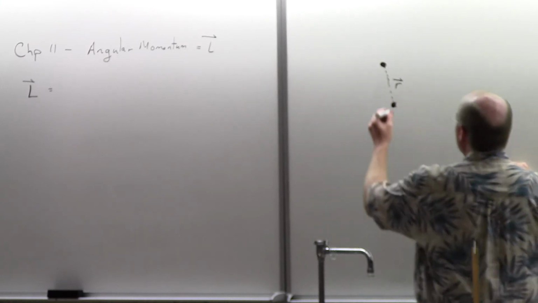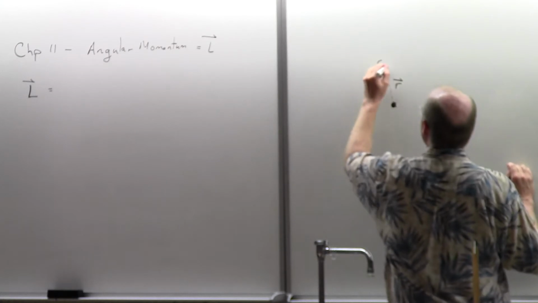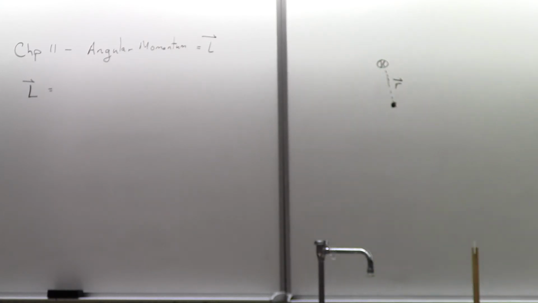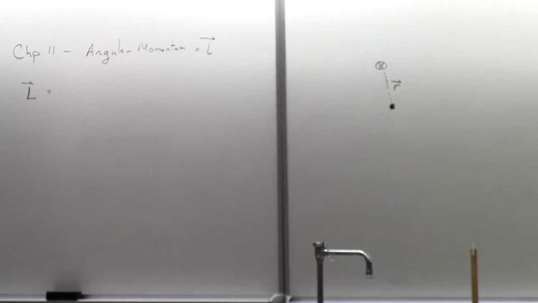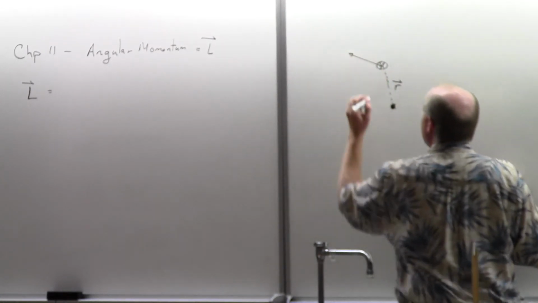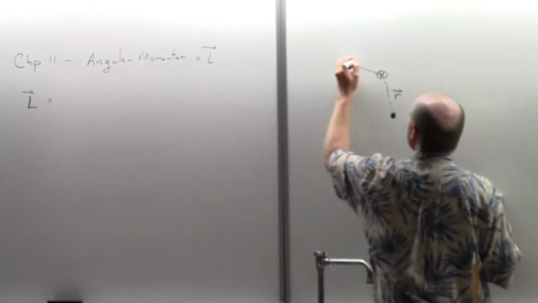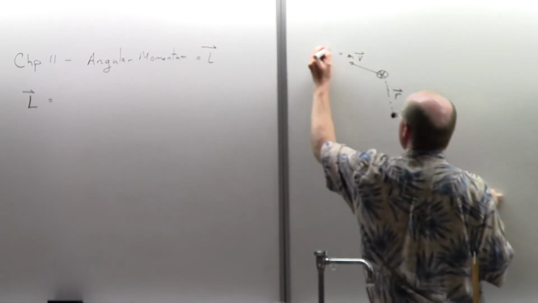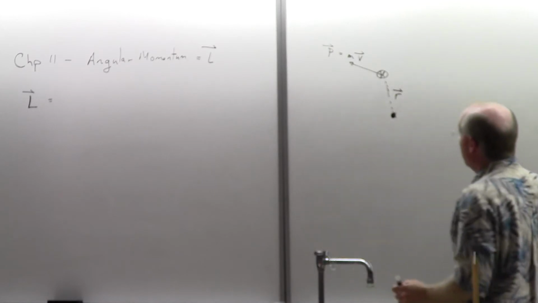To make it an object, I'll make it a little baseball or softball, for us softball players, and us who are too old to play baseball anymore. Then we'll send it out here like this and say, okay, there is its velocity. And if it has a mass, then of course that's its linear momentum.